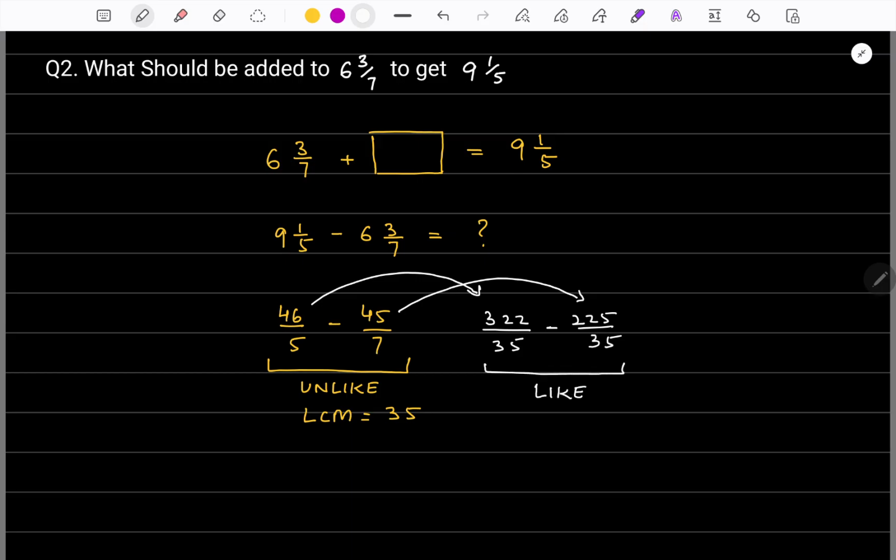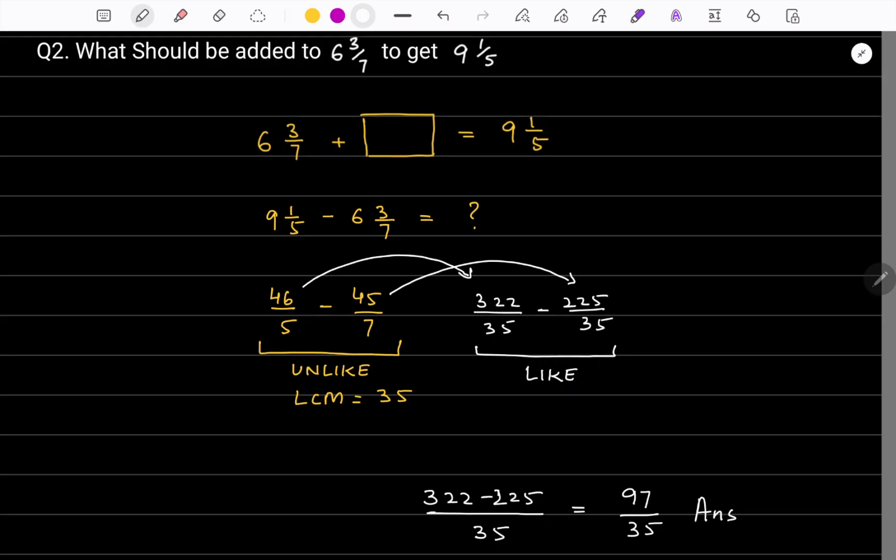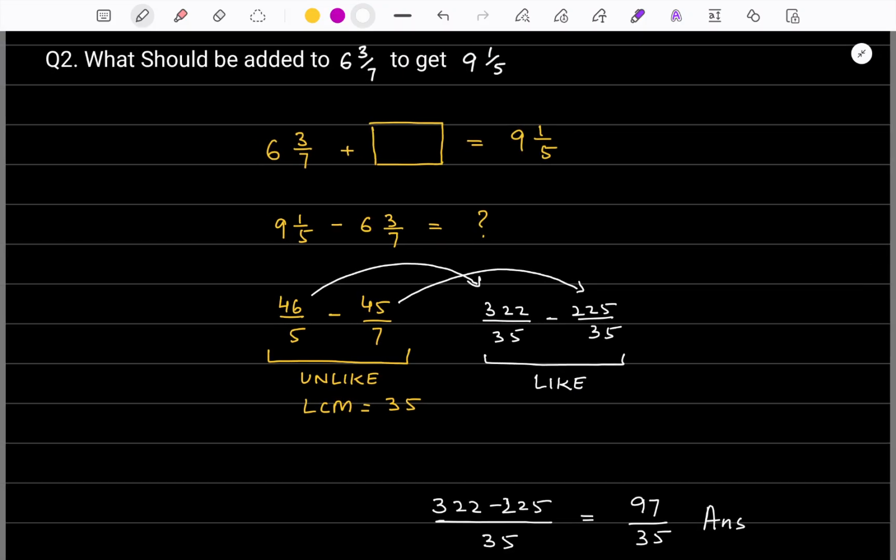Once we have the like fractions, the next step would be simply subtracting the numerators. That will be 322 minus 225 in the numerator and 35 written as such. So 322 minus 225 gives us 97 by 35. So this is our answer. This is how we solve questions related to addition and subtraction of like and unlike fractions.